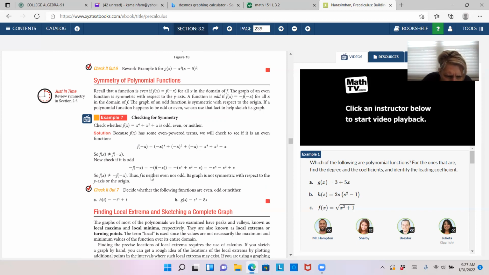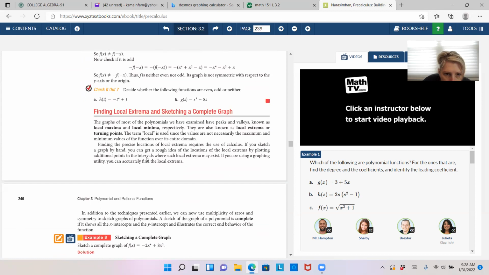So you can see that it's not exactly even, because you should be able to put in the negative of x in there and still get the same function. But we don't. We end up with a negative x here on the tail end instead of a positive. And it's not odd either, because the opposite of a negative x doesn't come out to be the opposite.